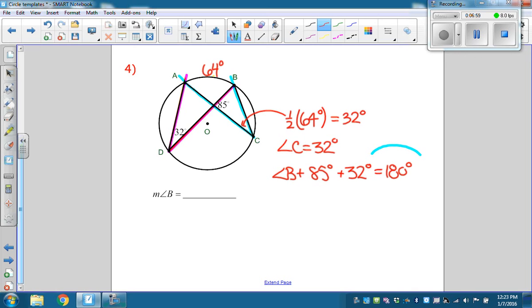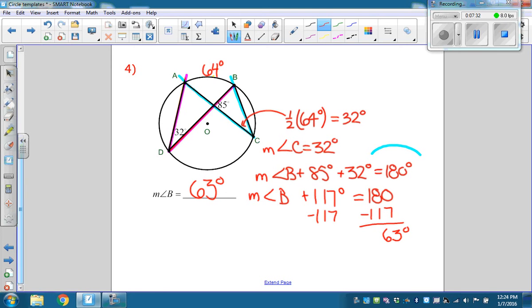When I add those up, I get 117 degrees plus angle B is equal to 180. So I'm just going to subtract 117 from 180, and that's going to be 63 degrees. So angle B is 63 degrees.